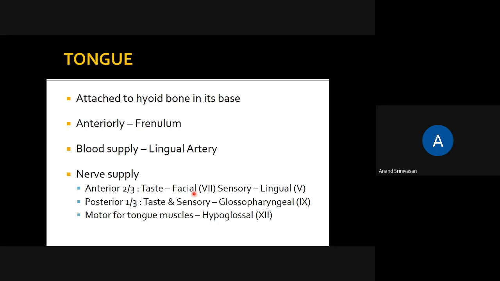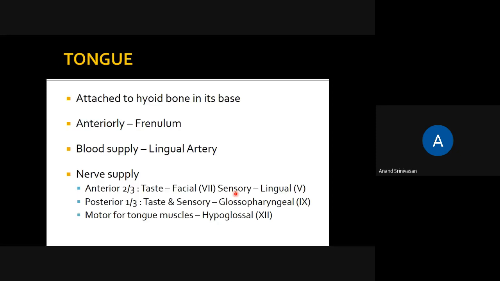And the general sensation from the anterior two-thirds? It is by the lingual nerve, or the fifth cranial nerve. What is the difference between sensory and taste? Taste is a special sense. General sensation means touch, pain, temperature, pressure.